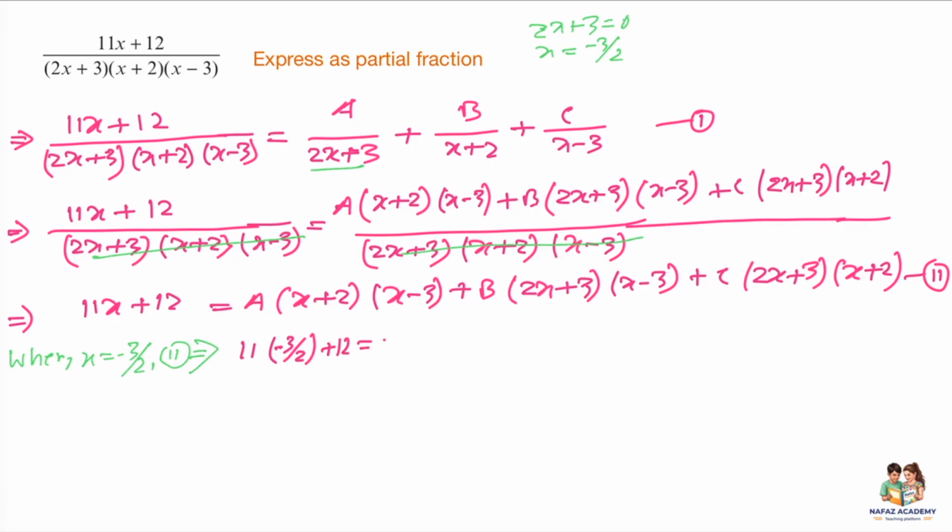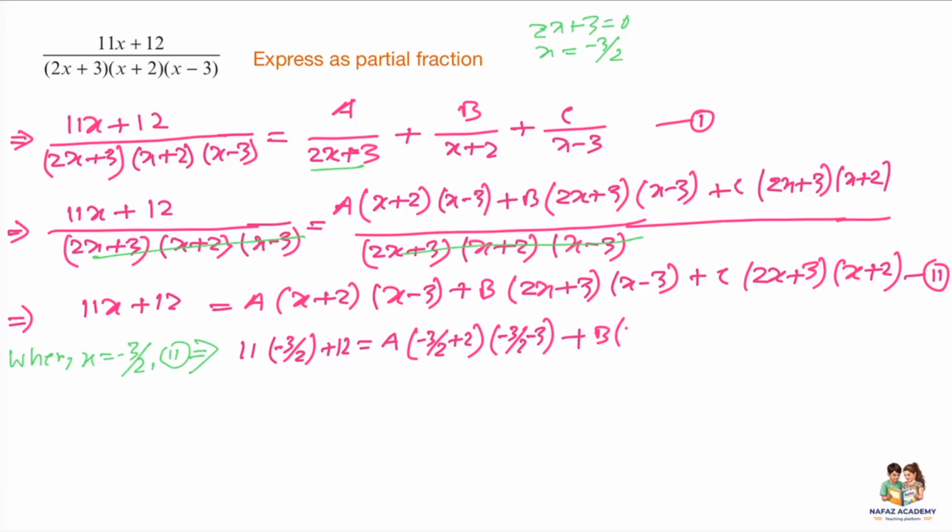Here look at the equation's right side, where the 2x plus 3 factor is. The B part and C part have the 2x plus 3, right? So both of them will be 0. You do not need to show the calculation, but I'm showing it for better understanding.